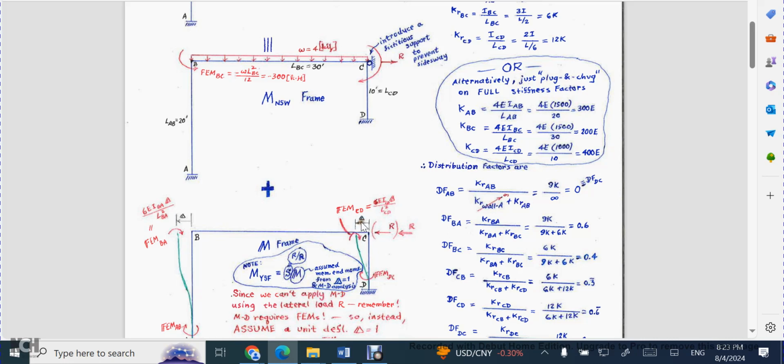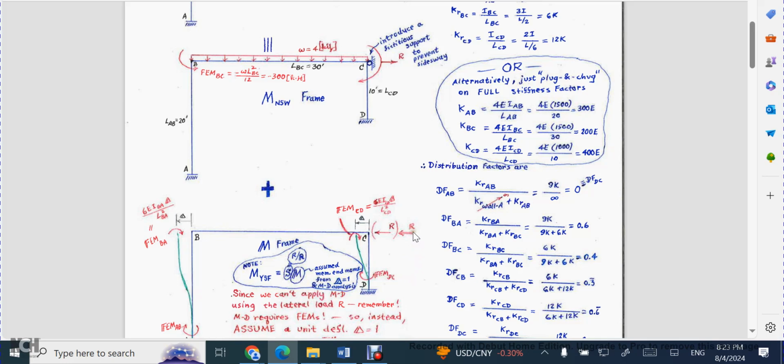I'm calling this with a double bar to distinguish it from the frame that is able to sway. So you're going to use your fixed end moments, allow that to undergo some sway, let's call it double bar delta, and then you do your moment distribution, from which you can get this double bar R force, after you do some statical analysis.